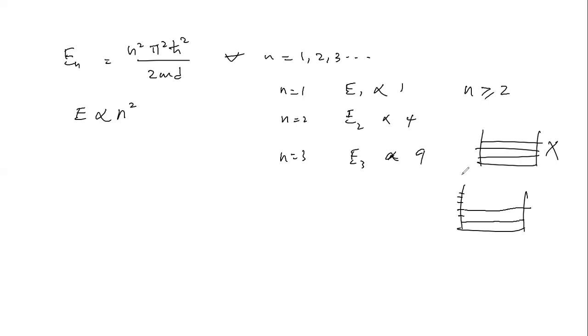Good. Now, if that is clear, at n equal to 0, we have E naught, and then psi of x is also equal to 0. So no state with quantum number n equal to 0 is satisfied, since the wave function is 0.